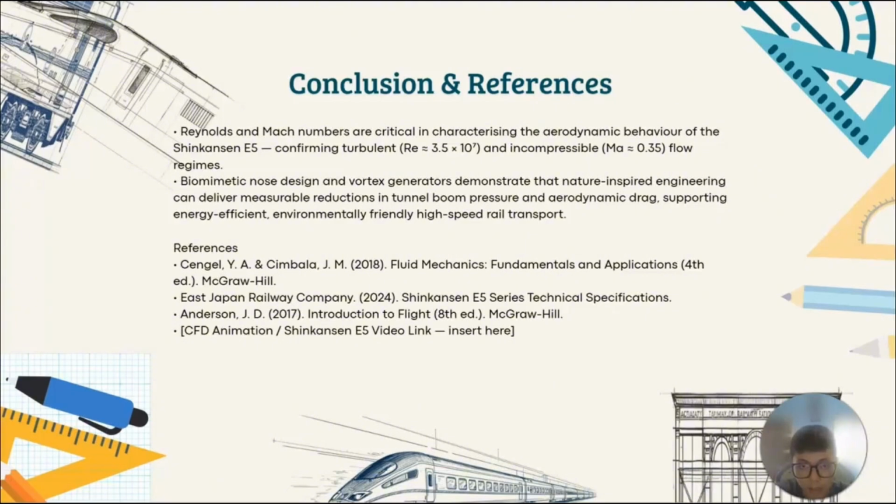As we conclude our presentation of the external flow analysis of the Shinkansen E5 series bullet train, we can see how fluid mechanics plays a vital role in the design and performance of high-speed rail systems. Our analysis shows that the Reynolds number confirms the airflow around the Shinkansen E5 is fully turbulent, while the Mach number indicates that the train operates within the subsonic and incompressible flow regime.